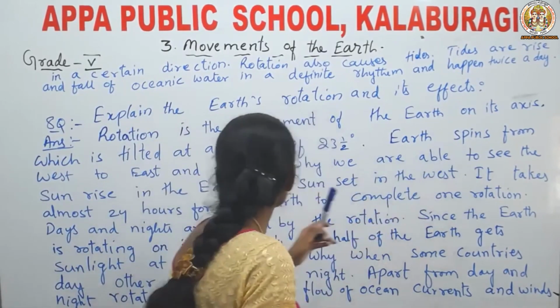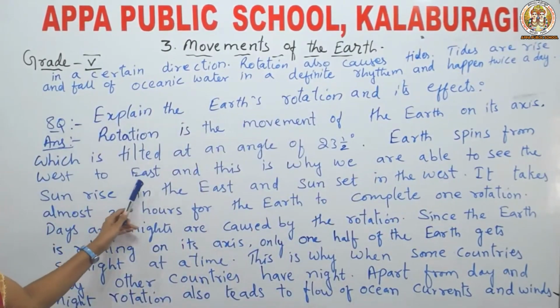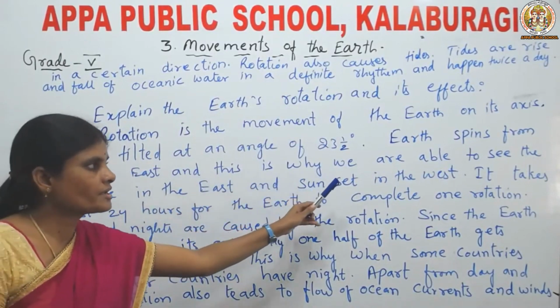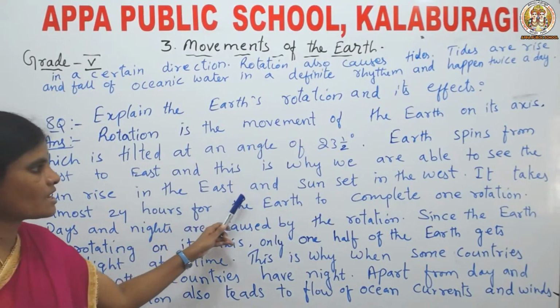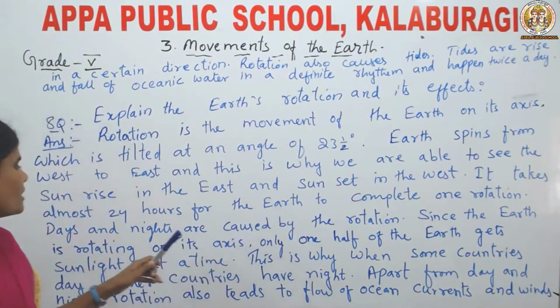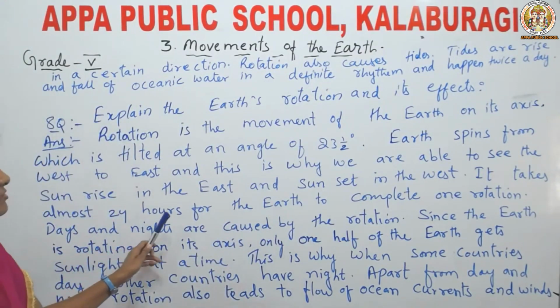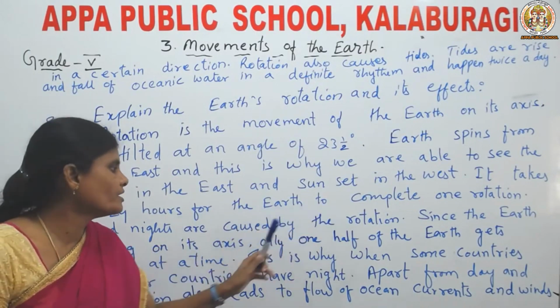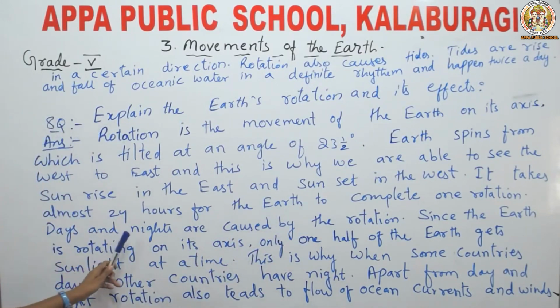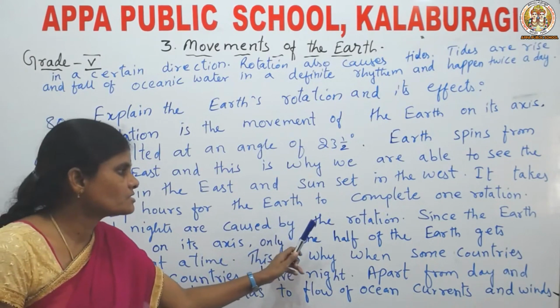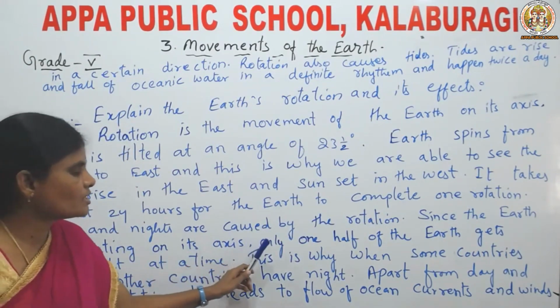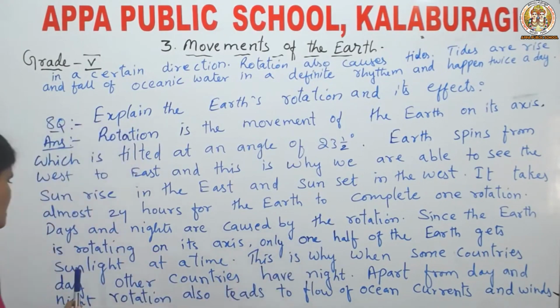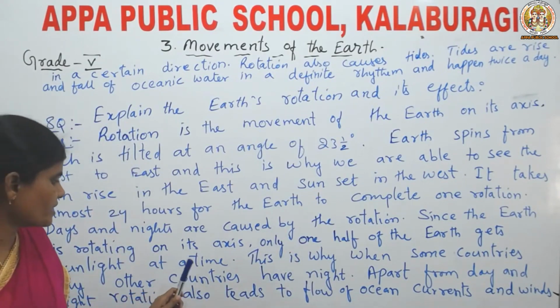Earth spins from west to east, and this is why we are able to see the sunrise in the east and sunset in the west. It takes almost 24 hours for the Earth to complete one rotation. Days and nights are caused by the rotation. Since the Earth is rotating on its axis, only half of the Earth gets sunlight at a time.